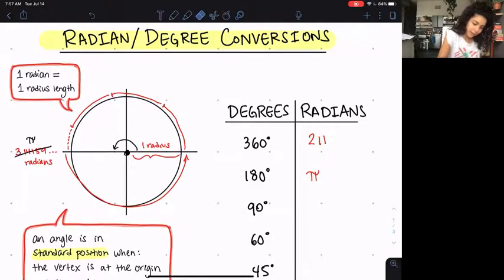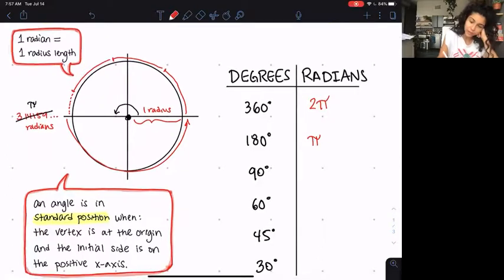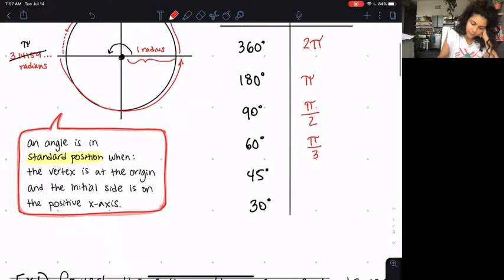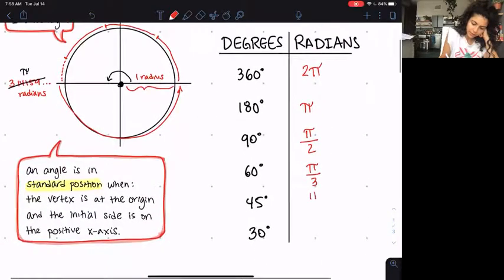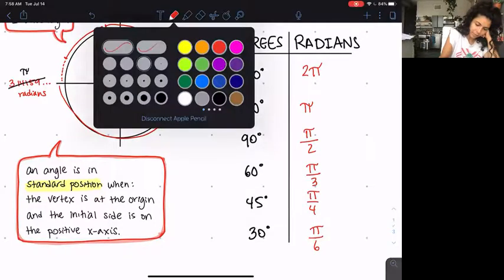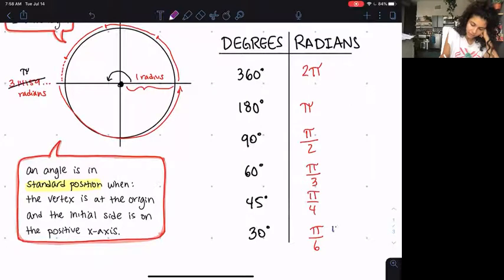From there, we can derive all of the other conversion values. So 90 degrees is pi divided by 2. 60 degrees is pi divided by 3. 45 degrees is pi over 4, and 30 degrees is pi over 6. And this makes sense because remember, pi is 180, so if I take 180 degrees and divide it by 6, I really do end up with 30 degrees.